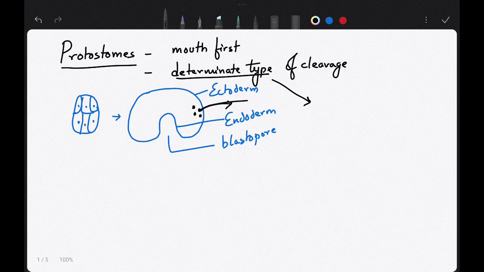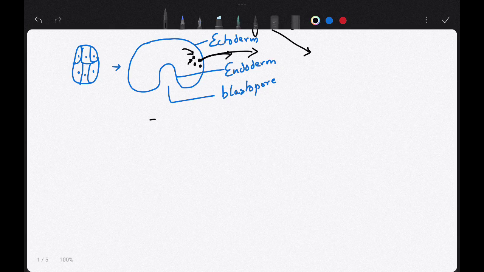But if I remove these cells, other cells will not compensate and this structure might be missing in the organism. So this type of cleavage is known as determinate cleavage. Examples are arthropods and mollusks.